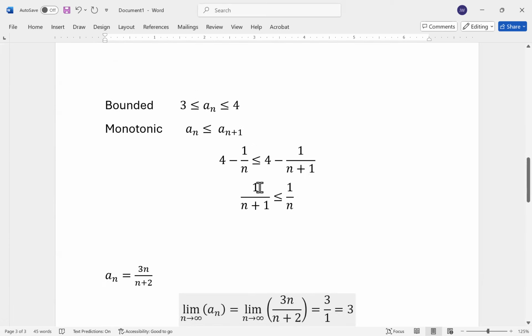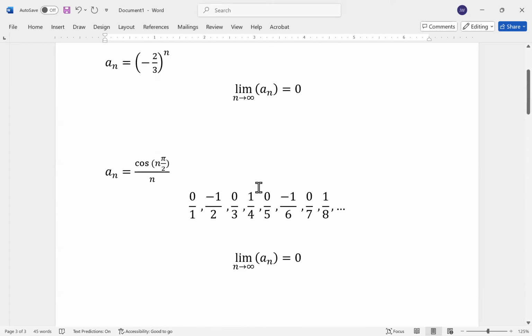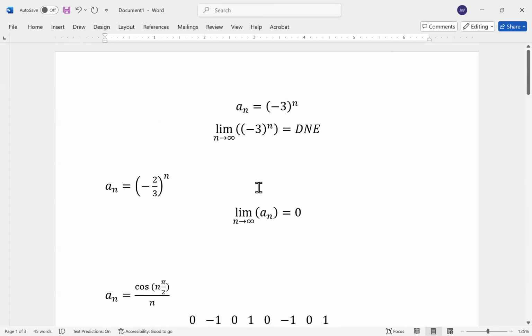Now, not everything is going to be bounded and monotonic. In fact, we saw a couple of things which were not bounded or monotonic. For instance, this sequence that we saw earlier, where we had -3 to the n, was neither bounded nor monotonic. -3 to the n shot off to positive and negative infinity back and forth.